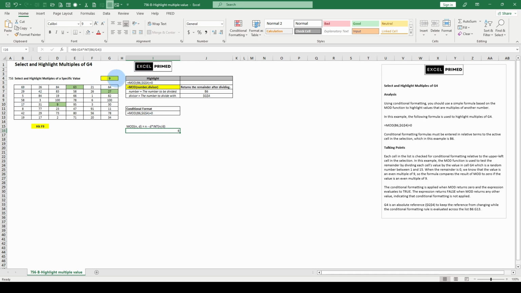Well, 9 times 7 is what? 63. 9 times 8 is 72. So 9 times 7 is 63, and 69 minus 63 is 6. We're looking for even multiples, okay? 9 divided by 9 is no remainder. That's how my mod function works.